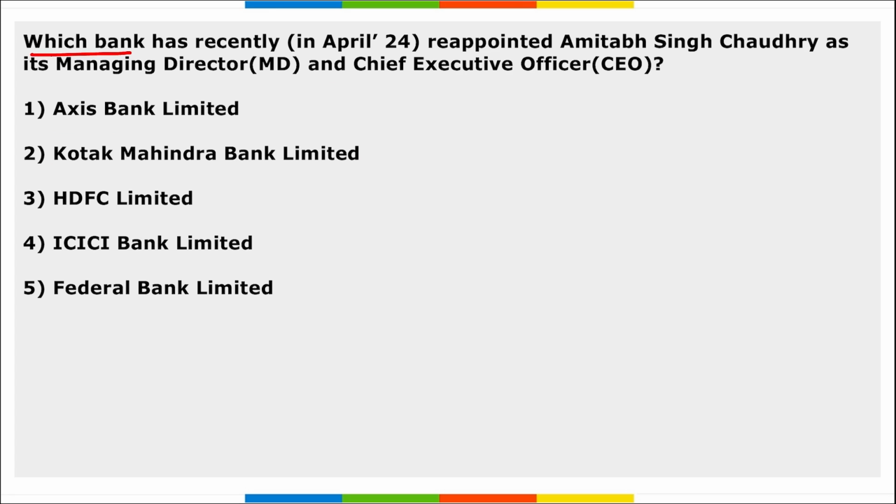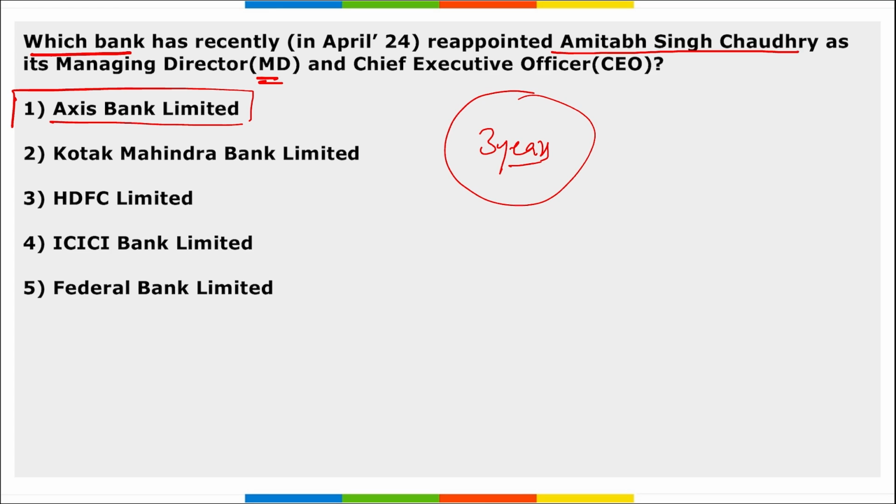Next, which bank has recently reappointed Amitabh Singh Chaudhary as its managing director and chief executive officer? Axis Bank has reappointed him as managing director and chief executive officer. He will be in this position for the next 3 years, and this will be his second extension of 3 years.